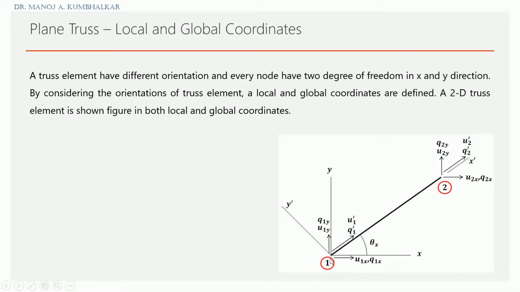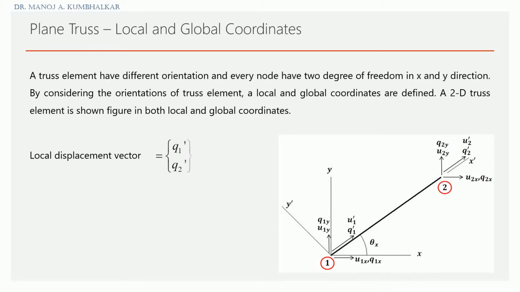We can write q1x as Q1 and q1y as Q2. Likewise, q2x as Q3 and q2y as Q4. By considering the orientation of the truss element, local and global coordinates are defined. A 2D truss element is shown in the figure in both local and global coordinates.